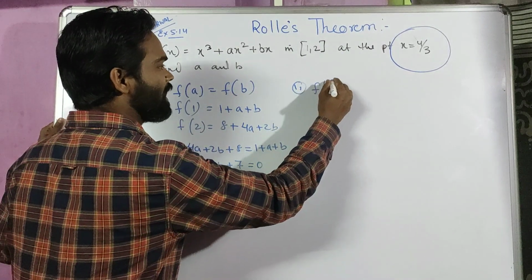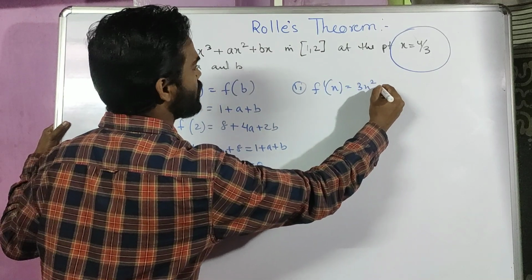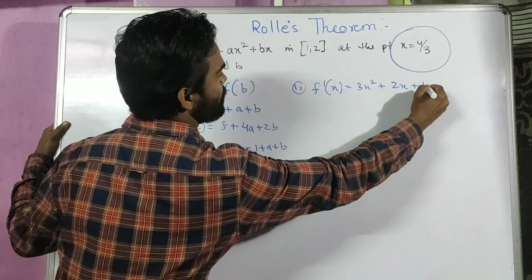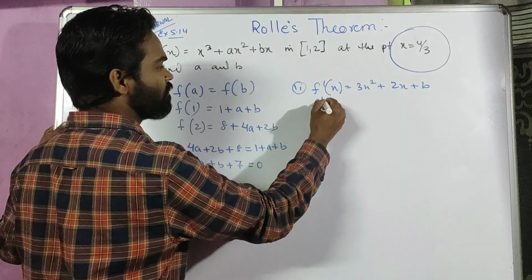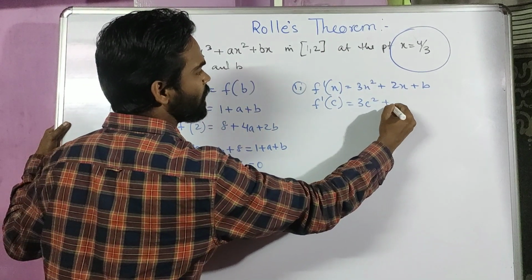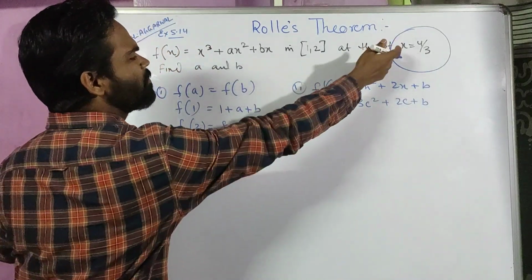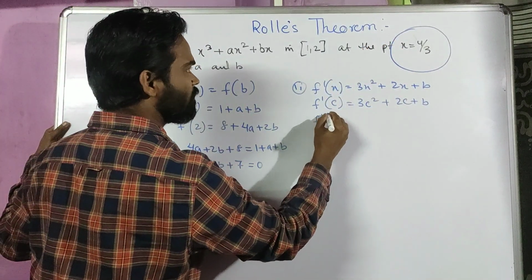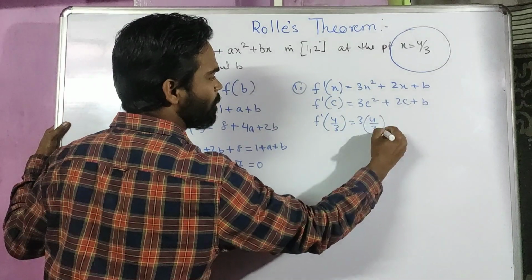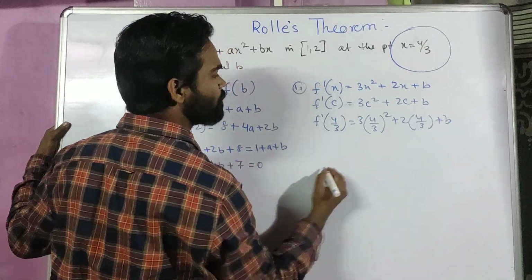First find f dash x. f dash x is 3x square plus 2ax plus b, which means f dash c will be 3c square plus 2ac plus b. C's value is this. You can directly put x value over here also. So f dash 4 by 3 is 3 into 4 by 3 whole square plus 2 into 4 by 3 a plus b.